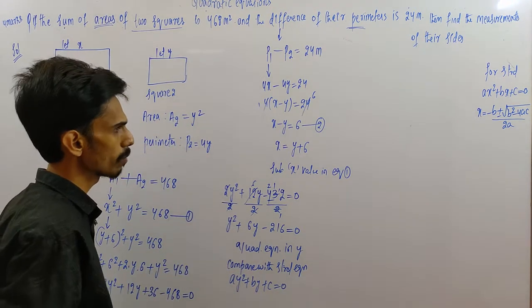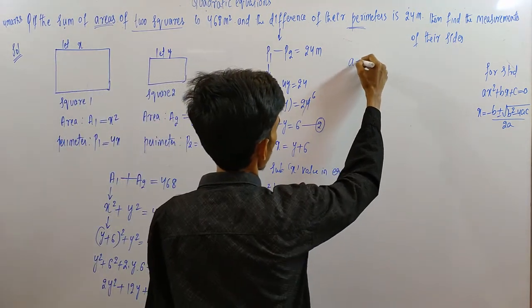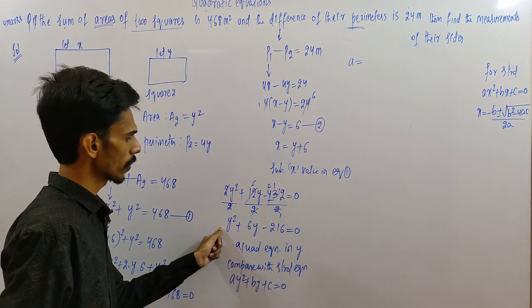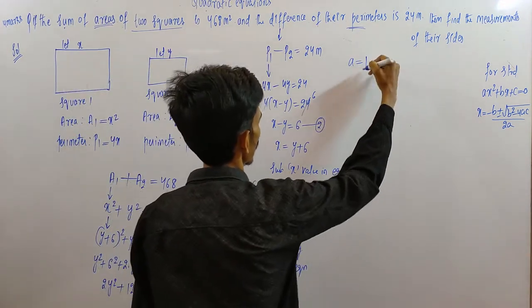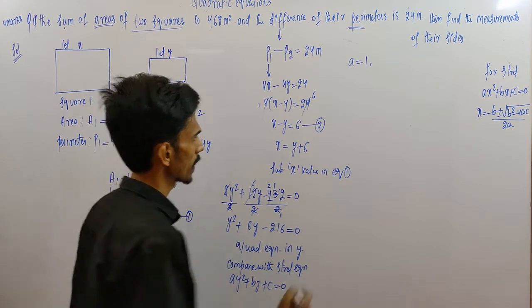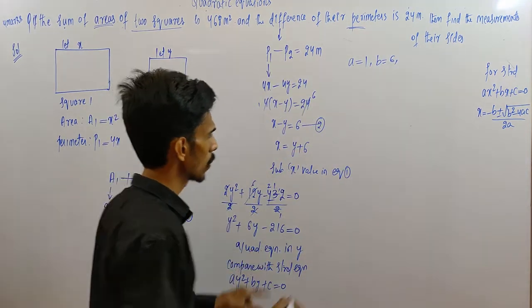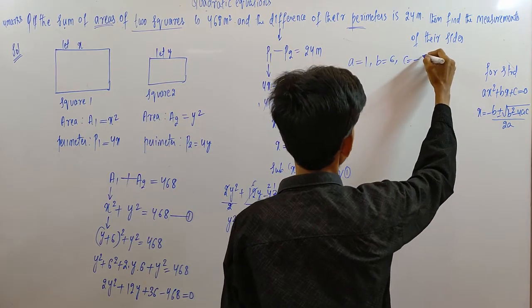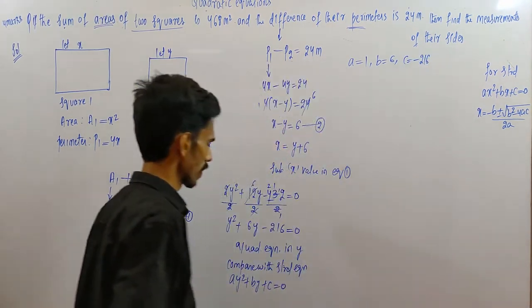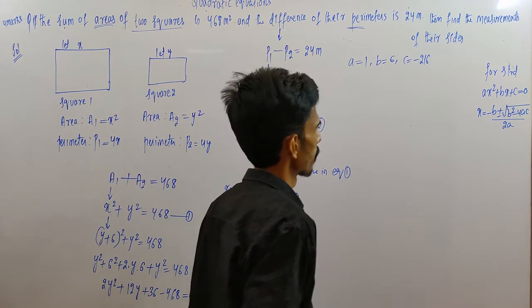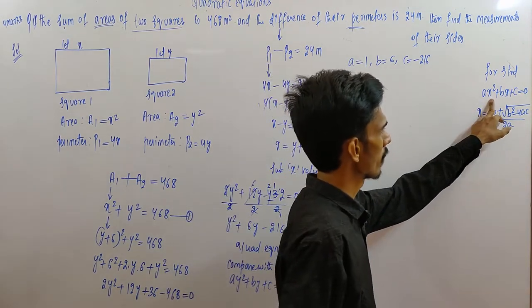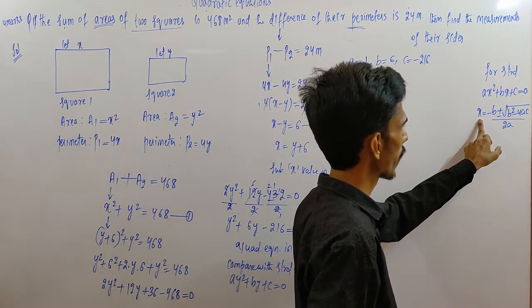So the value of a will be 1, coefficient of y square is 1. So a is 1, b value is 6, c value is minus 216. Now here we have x, so we will get the root in terms of x.